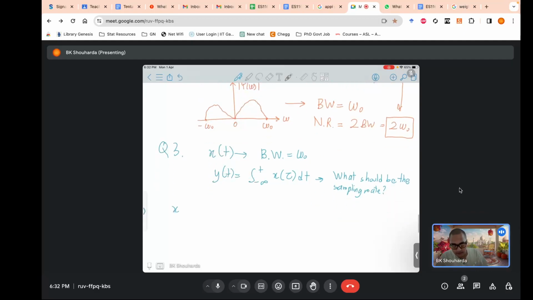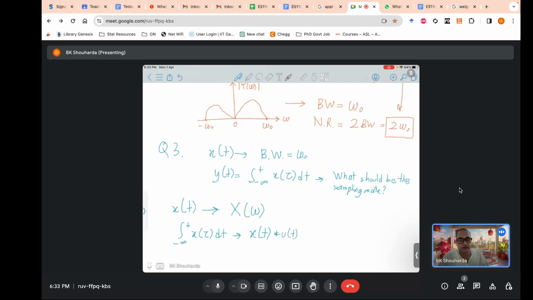We have x of t whose Fourier transform is X of omega. Now in case of integral, what happens? You are convolving x of t with u of t.